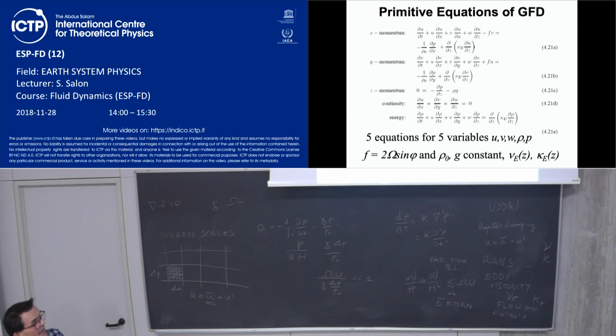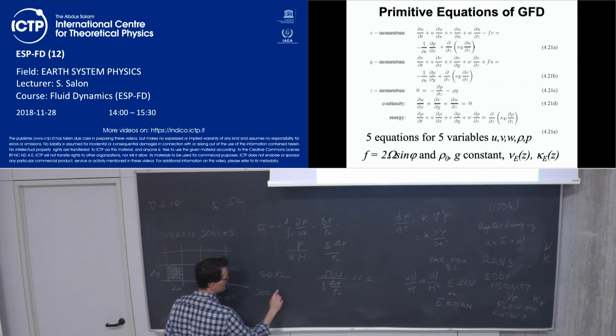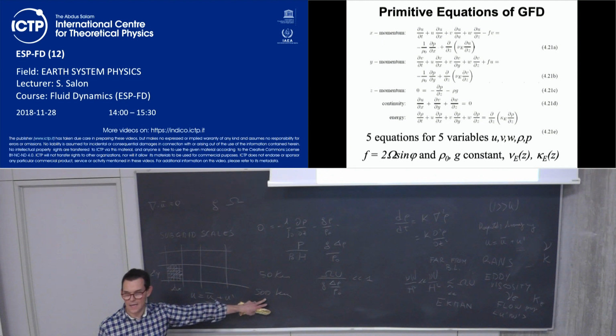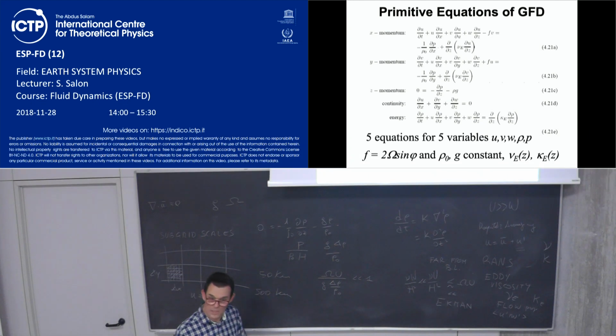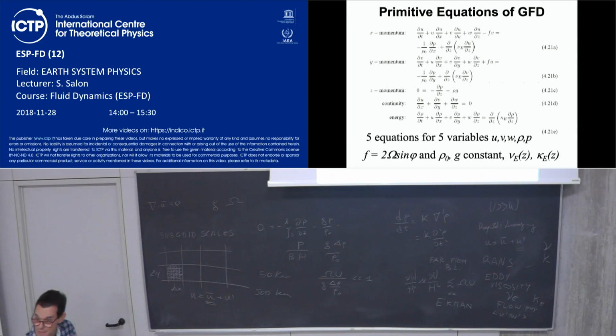So when people started to create a global model of the atmosphere or of the ocean, they had to cope with the fact that mesoscale, as you remember, has a dimension of about 50 kilometers in the ocean and let's say 500 kilometers in the atmosphere. Since mesoscale is the most energetic part of the entire energy spectrum in the ocean and in the atmosphere, it's important to solve this scale, because otherwise you completely fail to represent the general circulation.